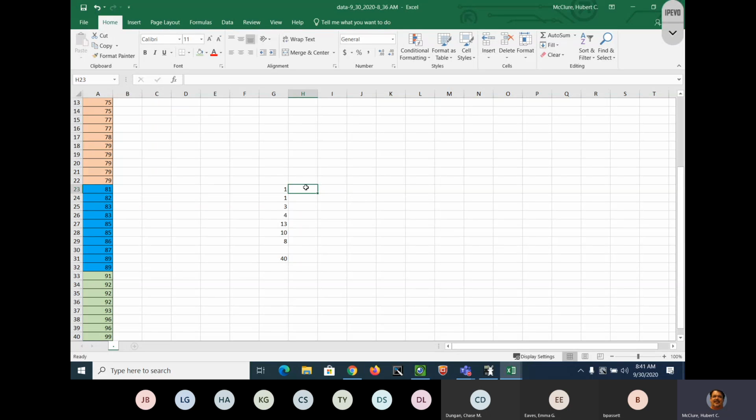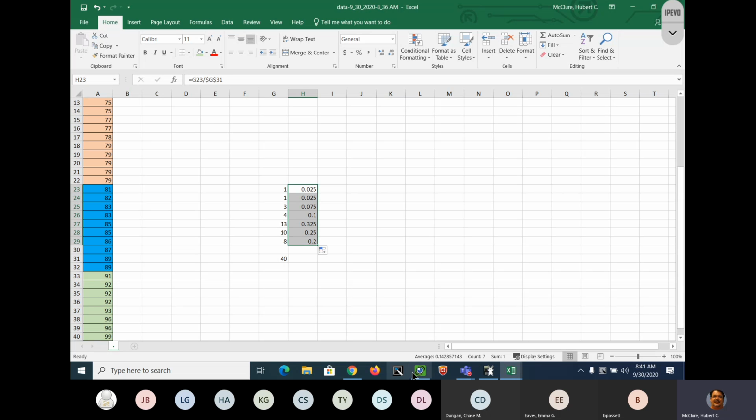Hold on a second. Equals this divided by that. There, and copy that down. And that's what they're wanting. So I'm going to have to write this down: 0.025, 0.025, 0.075, 0.1, 0.325, 0.25, and 0.2.